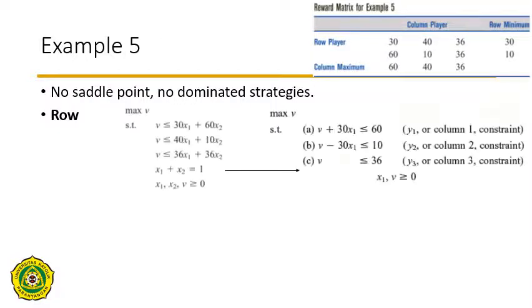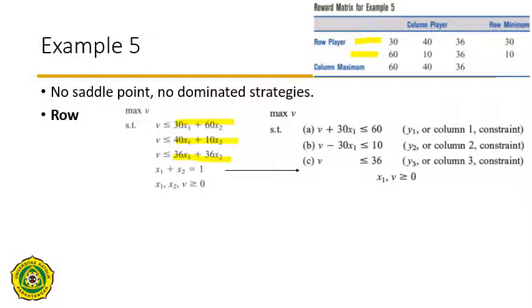Therefore, we have the constraint if the column plays the first strategy, if the column plays the second strategy, and if the column plays the third strategy. And these are the expected rewards for the row player with respect to the row strategy of playing x1, the probability of playing the first row strategy, and x2, the probability of playing the second row strategy.